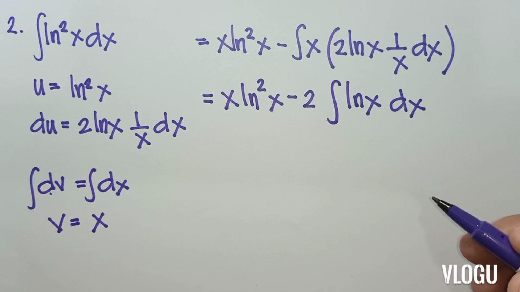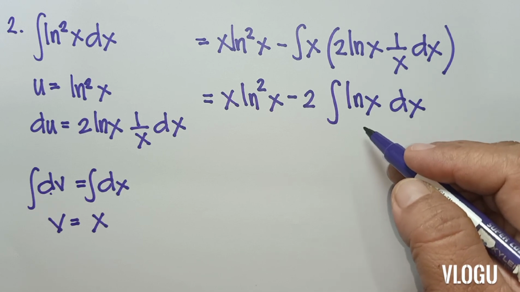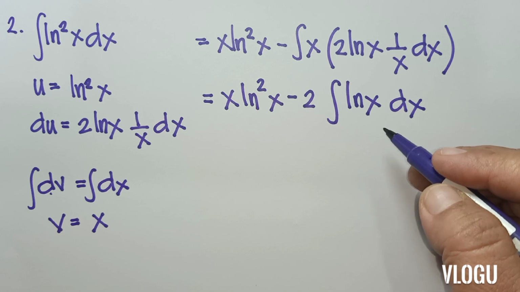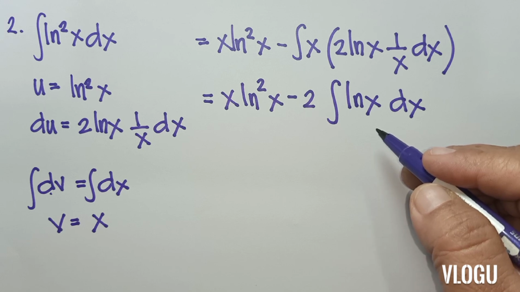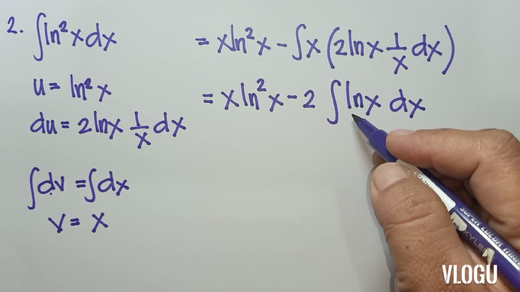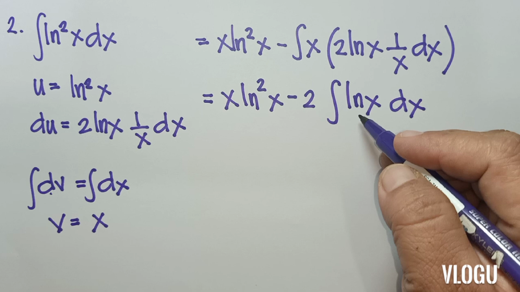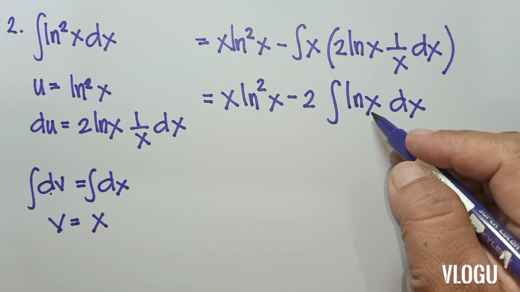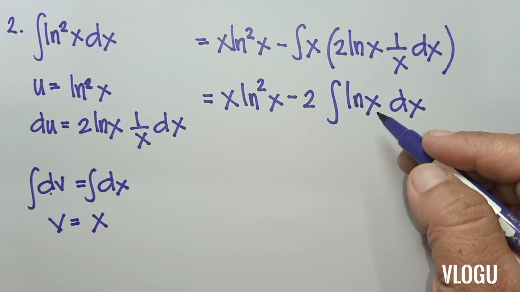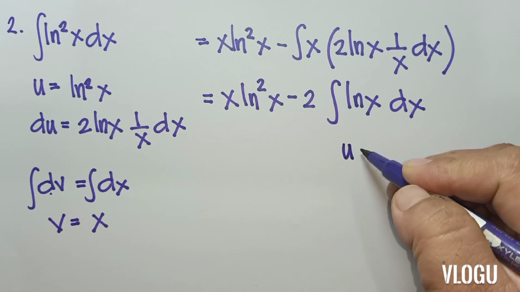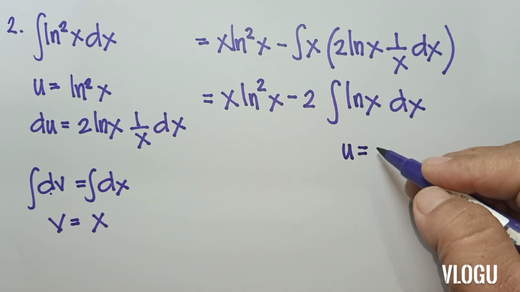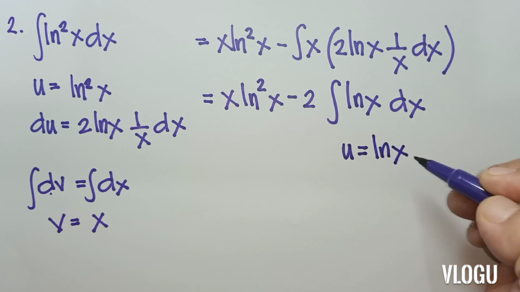So therefore we have the integral of ln x. We don't have a formula for the integral of ln x, so that's the reason we are going to find the integral of ln x by integration by parts. Our u here is equal to ln x.